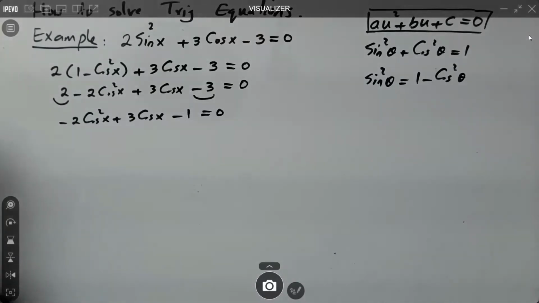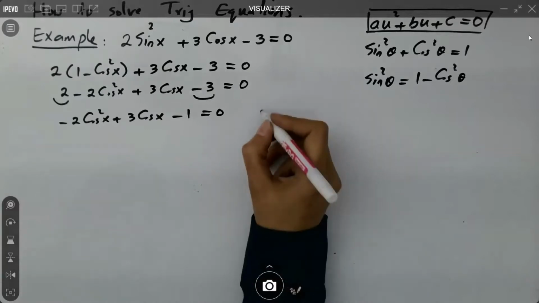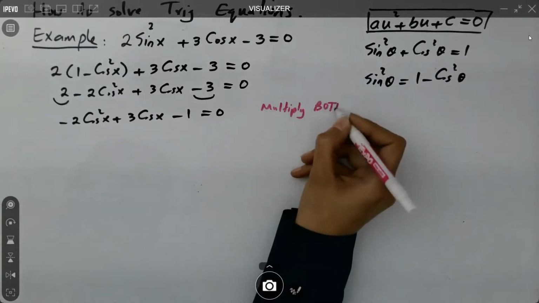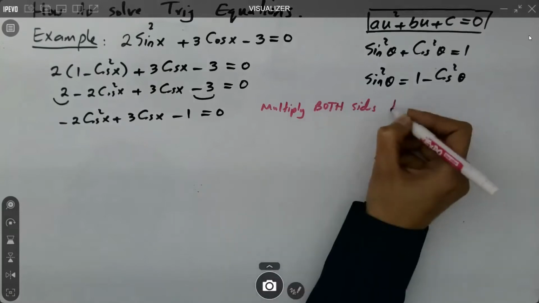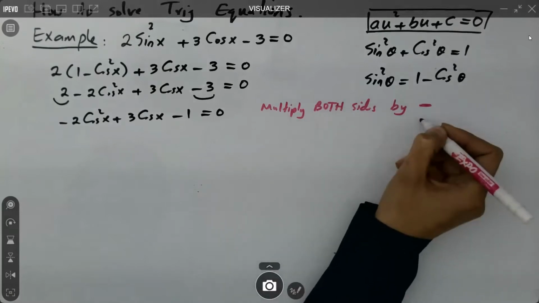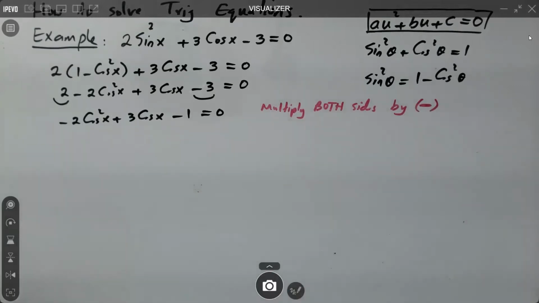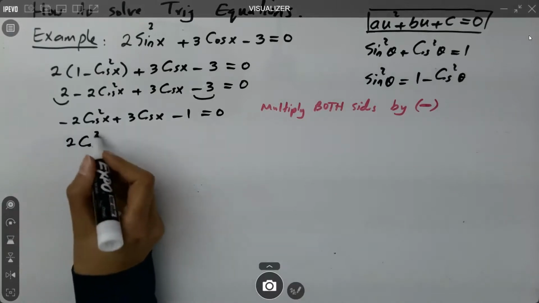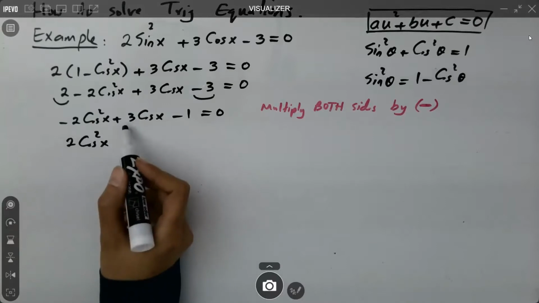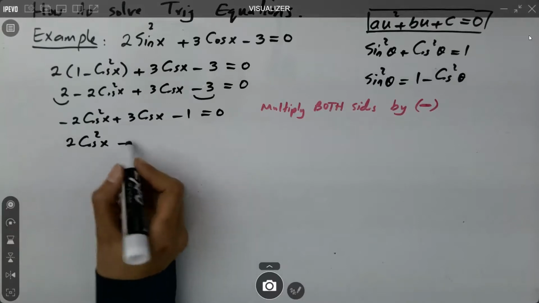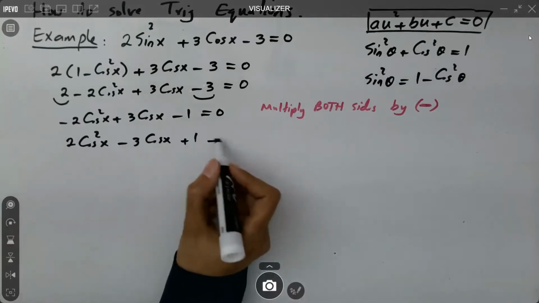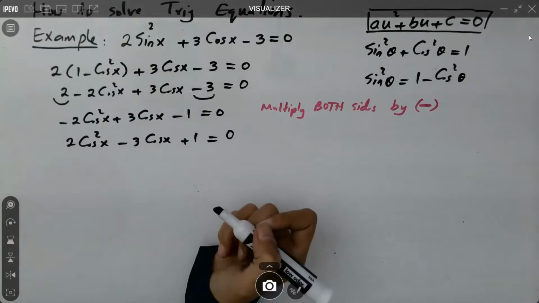Now multiply both sides by a negative sign, or -1, whichever you feel comfortable saying. Negative times negative gives you positive. So we get 2 cosine squared of x. Negative times positive 3 gives you -3 cosine x. Negative times negative gives you +1. And negative times 0 is just 0.